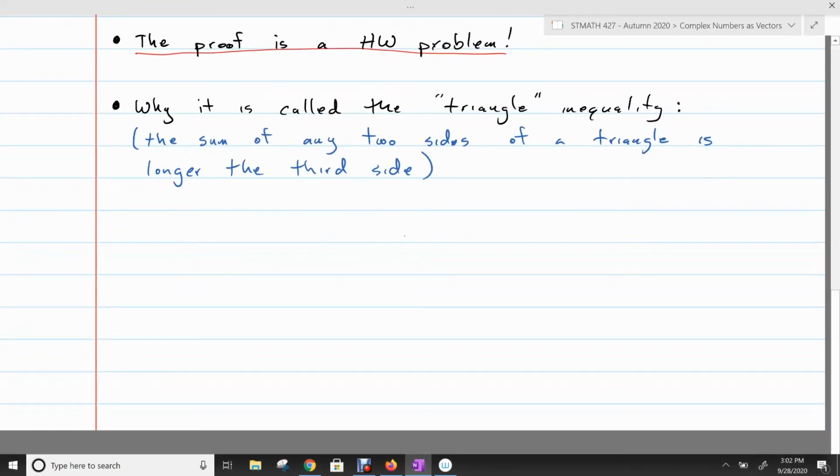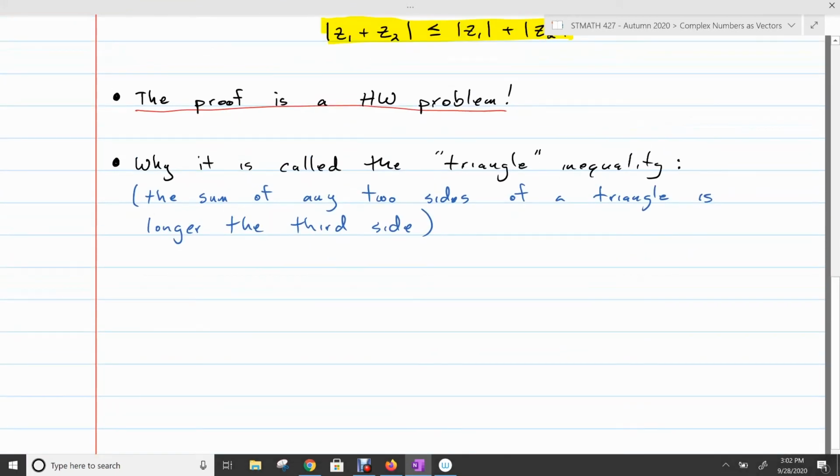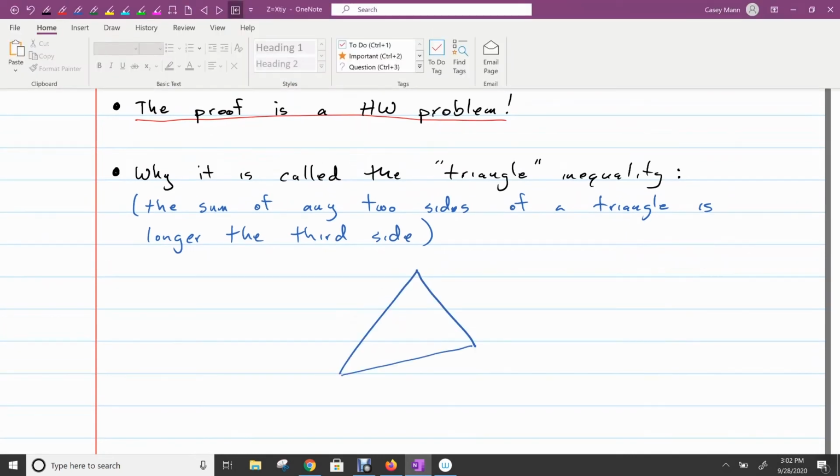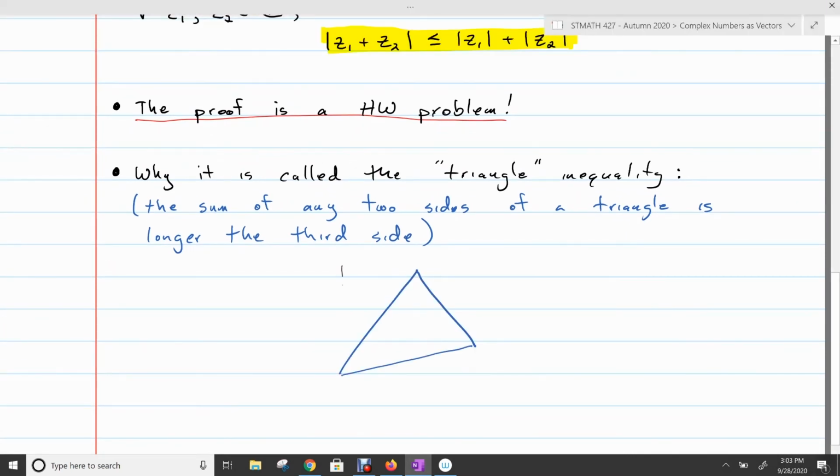To see how the triangle inequality relates to complex numbers, let's just make a triangle here. Because I want this to be complex numbers, I put the origin where that lower left corner is. Let's say this bottom side of the triangle represents z1, and then this vector over here is z2, then we know from the way we do vector sums that this side over here would be z1 plus z2.